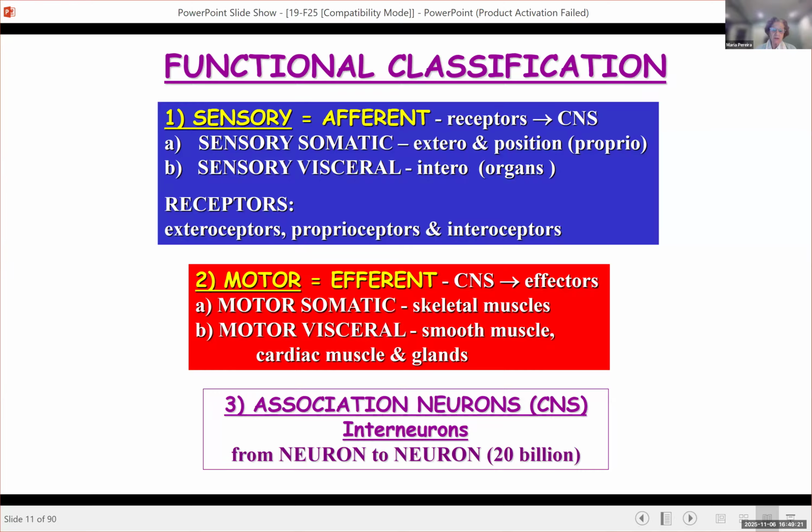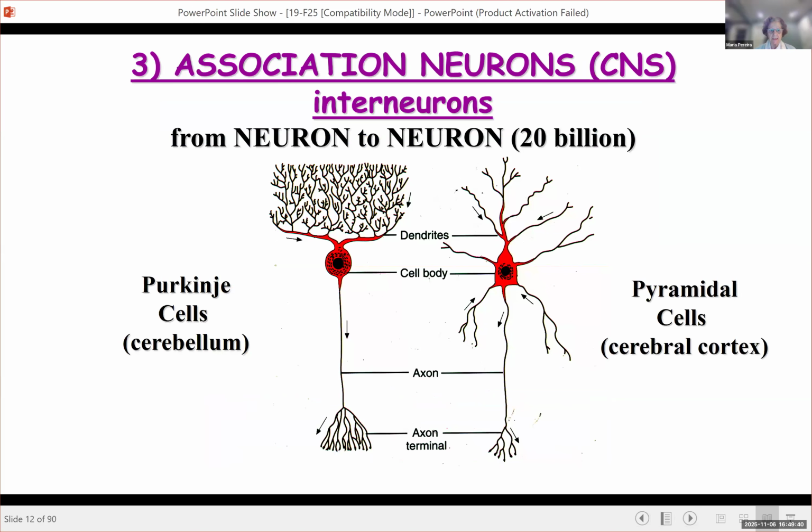The same for the motor, but the interneurons are totally located within the CNS. And look here, there's 20 billion of them. They transmit the electrical signal from one neuron to another within the CNS.